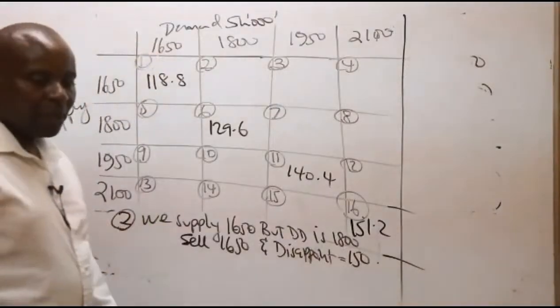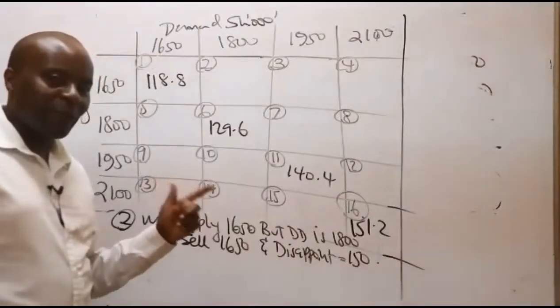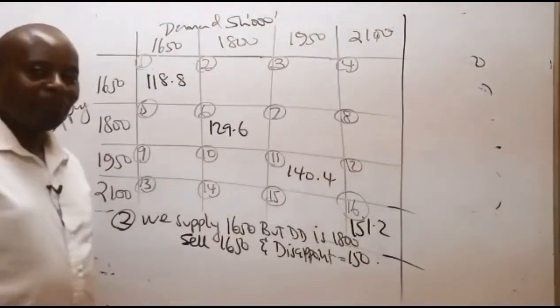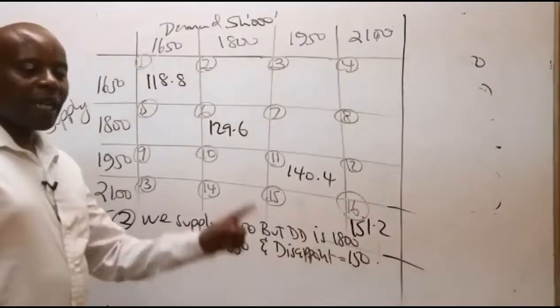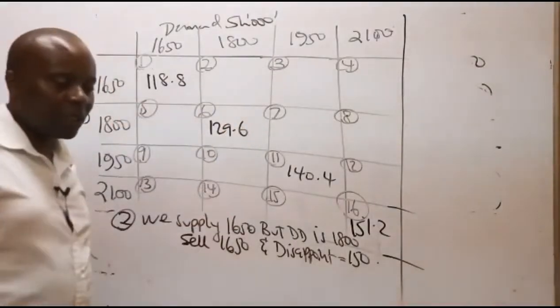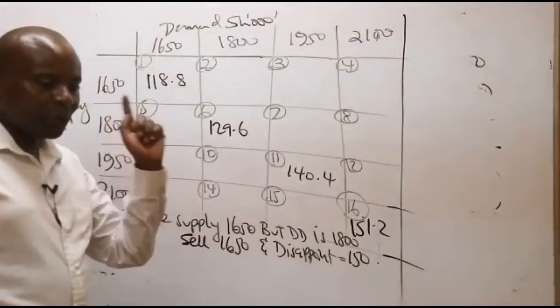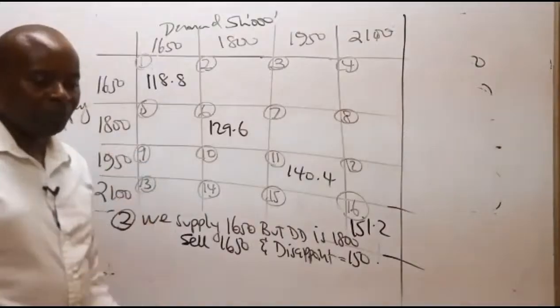So remember that this time round, there is an opportunity cost of disappointing some customers. For each customer who comes to you, he needs it, and you tell this person we don't have it, you lose. There is an opportunity cost of 30 bob.